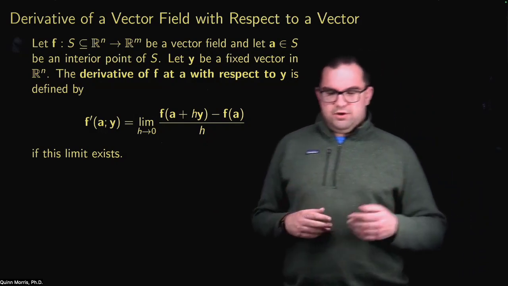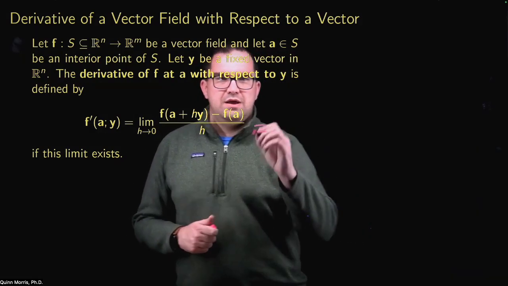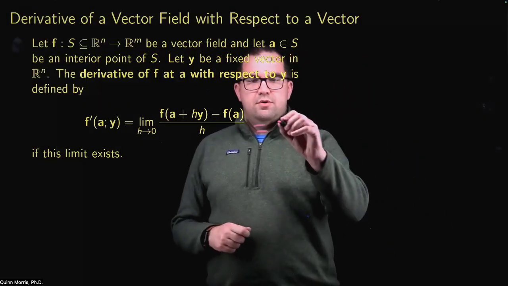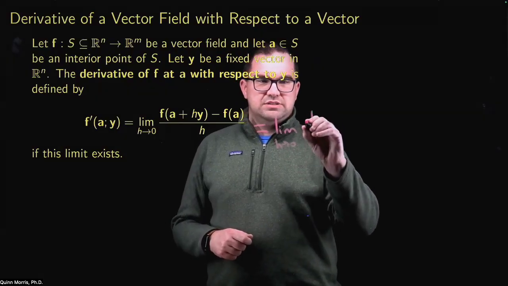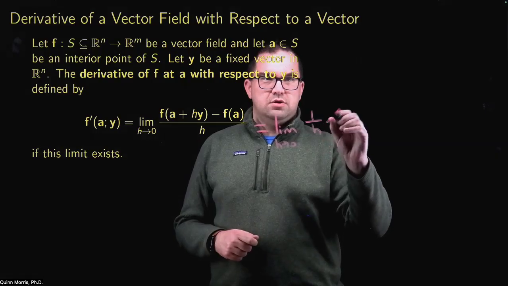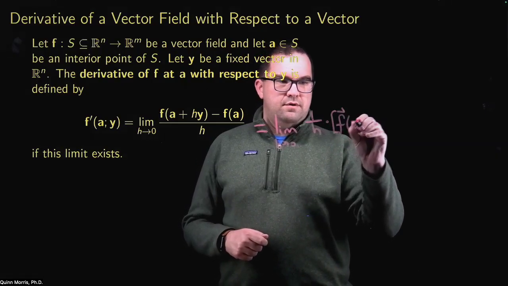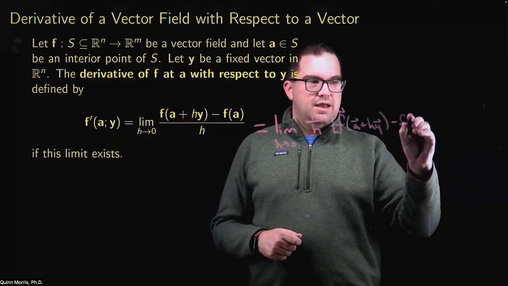In some ways you would be correct, although we can make a small definitional point here. If I write a vector divided by a scalar, what I really mean is that this is the limit as h goes to 0 of 1 over h times F of A plus hY minus F of A.